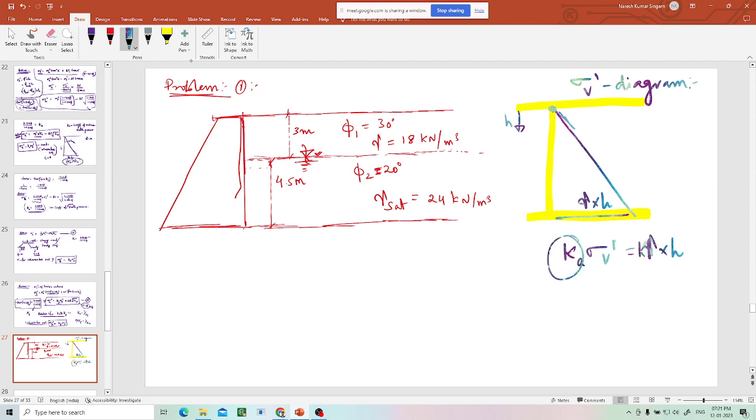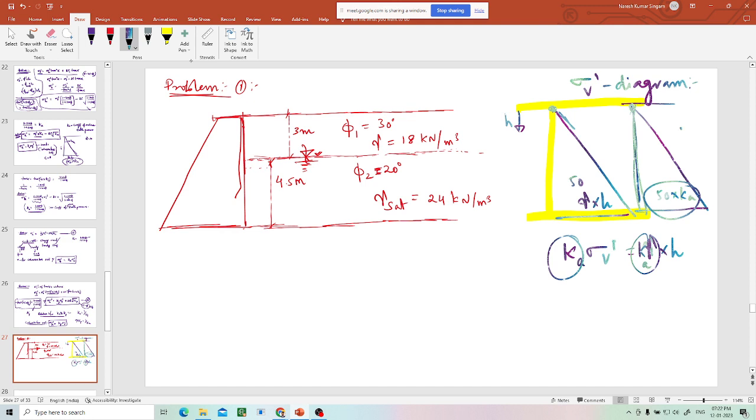You get Ka multiplied by gamma into h, so another constant comes in. That diagram also varies linearly, but their sizes are different. If this is 50, this is 50 multiplied by Ka. 0 is 0. So their triangle areas are different, but their shape is more or less the same.